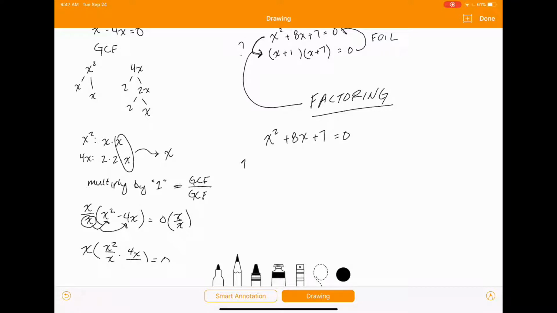The first thing you want to do is draw your parentheses. All right, so we're just going to go ahead and draw these equal to 0.